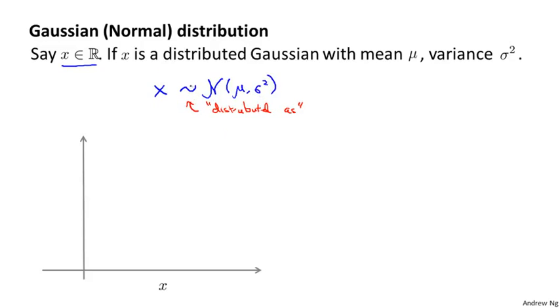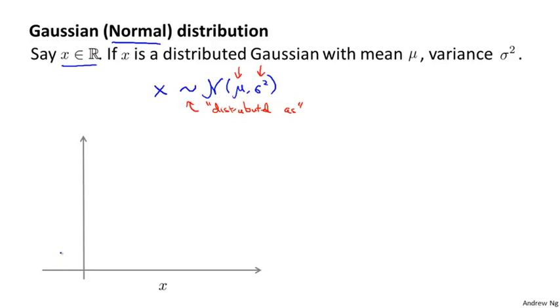So this script N stands for normal, since Gaussian and normal distribution mean the same thing, so synonyms. And a Gaussian distribution is parameterized by two parameters, a mean parameter, which we denote mu, and a variance parameter, which we denote by sigma squared.